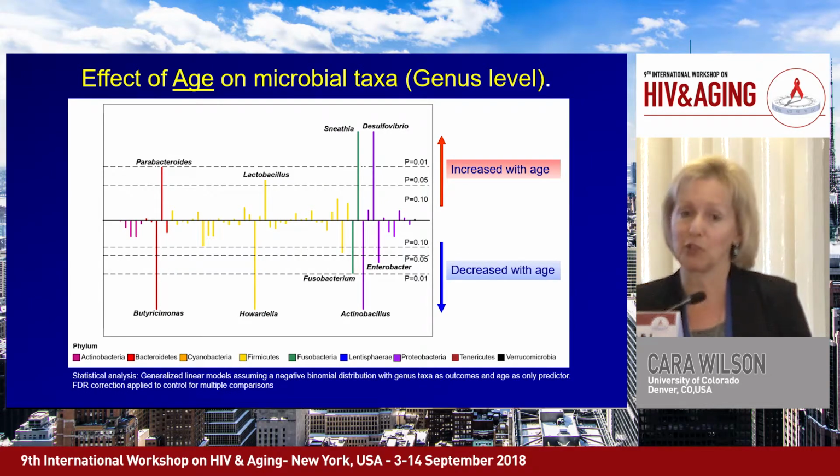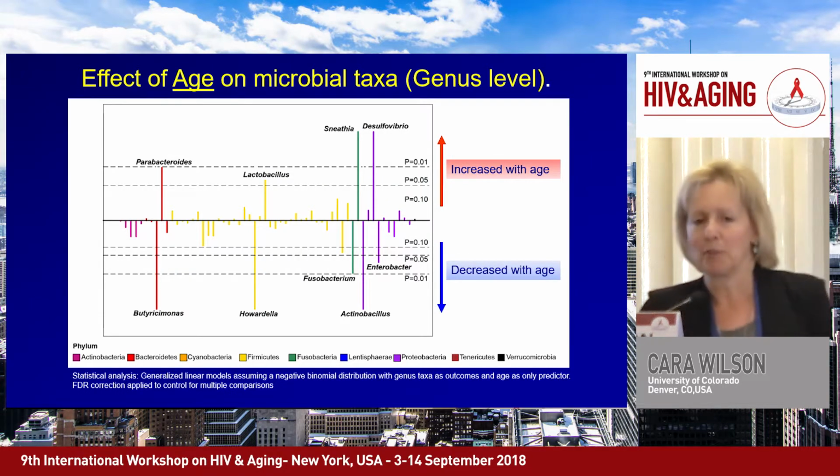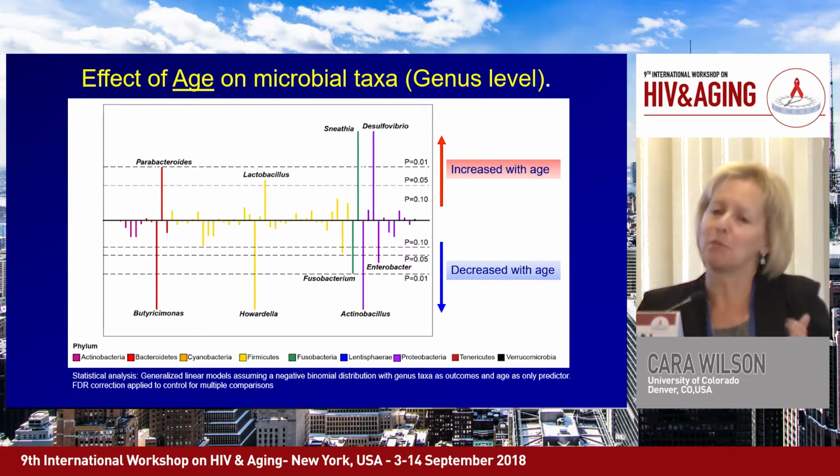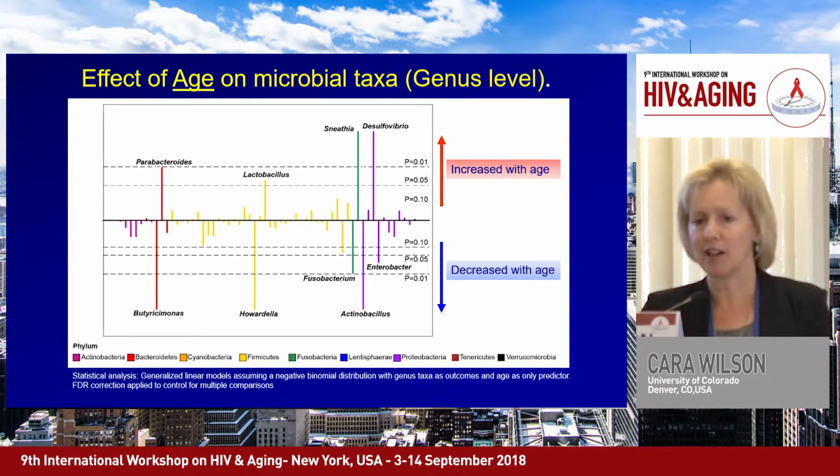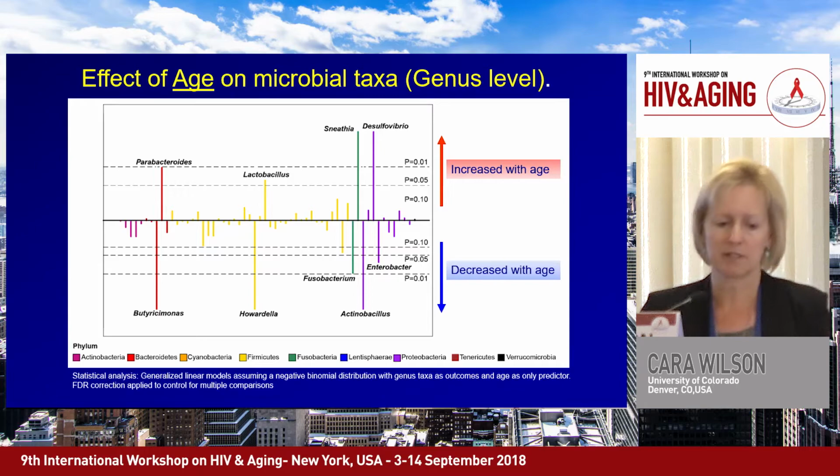Now, it's important for us to look at the effect of age, but you might say, well, you don't have a young group, so that's a problem. But our statisticians were able to look at the effect of age across the ages of 50 to 75, and this analysis looks at the impact of each year of increasing age on the microbiome. And we did find significant age-related effects in these cohorts.